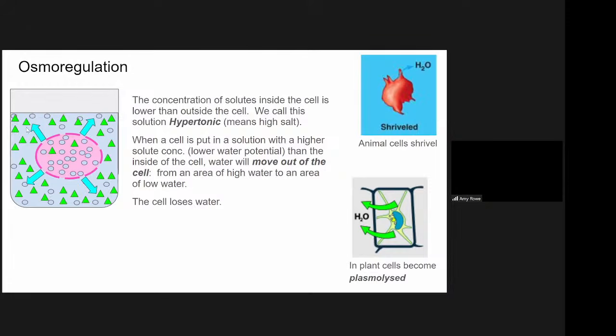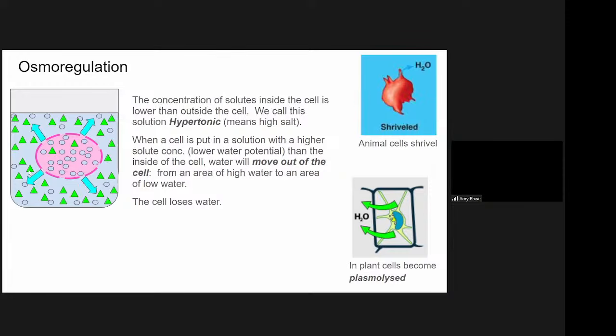Okay, the solution outside is hypertonic. So hyper meaning high, tonic meaning salt, which is the stuff that's dissolved basically. So in our hypertonic solution, the inside of our cell has greater water potential than the outside of our cell.